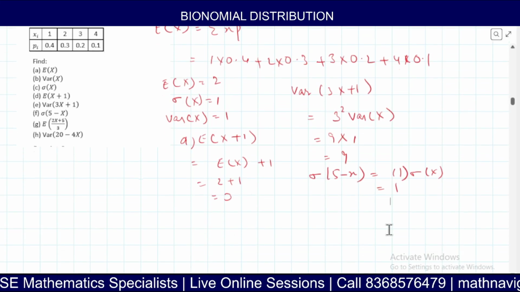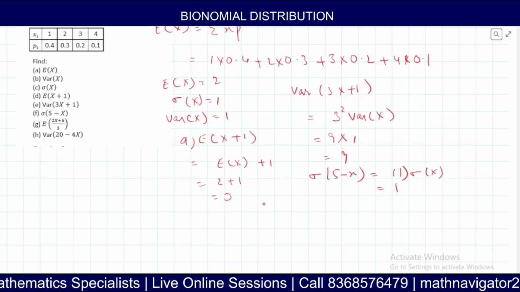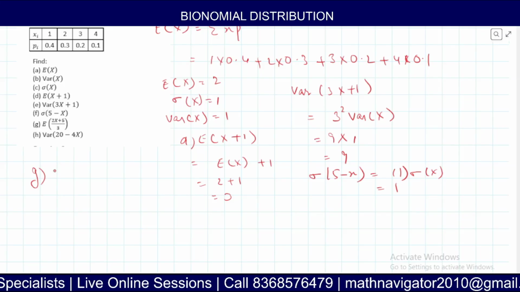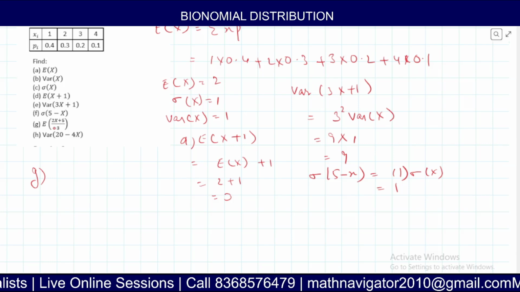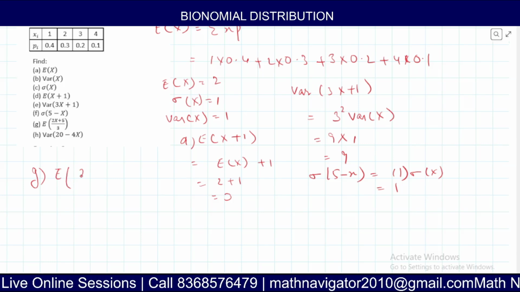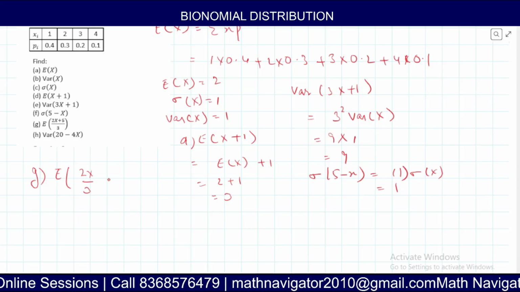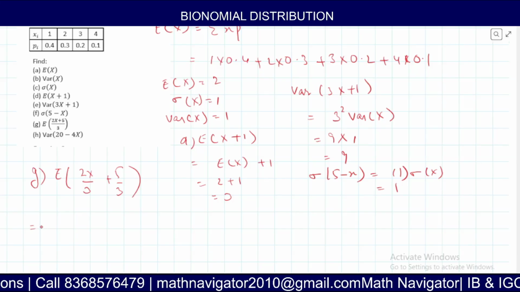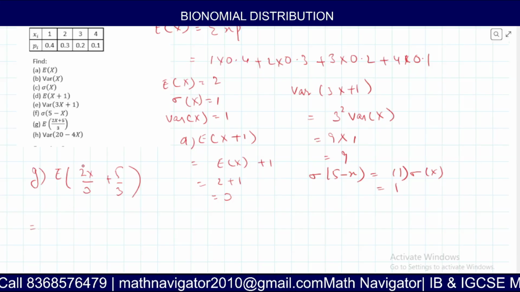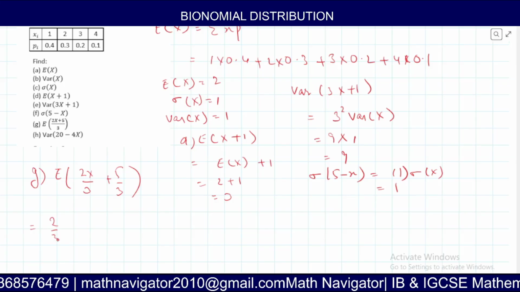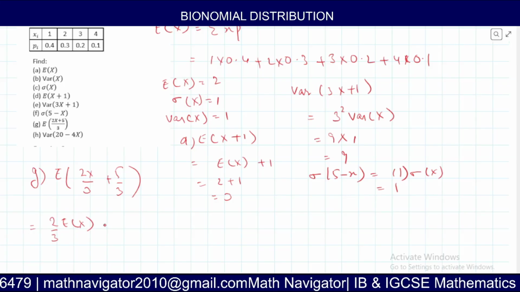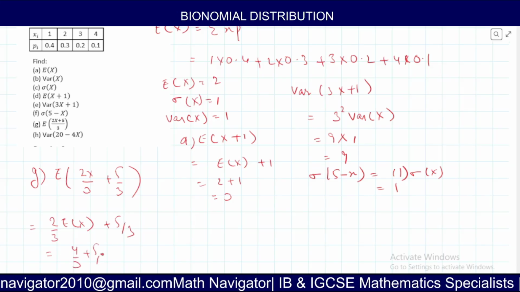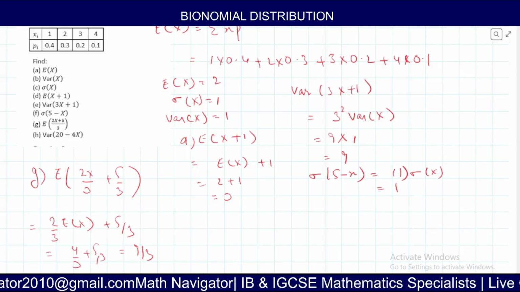Now let's talk about the expectation of 2x by 3 plus 5 by 3. I can write it like this. So this will give me 2 by 3 expectation of x plus 5 by 3. So this is 4 by 3 plus 5 by 3. This is 9 by 3, which is my answer.